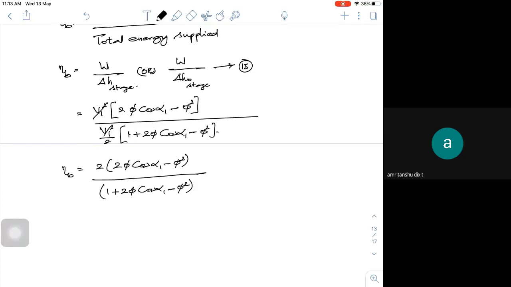This particular thing can be simplified further. I will add plus 1 and minus 1 in the numerator and simplify.